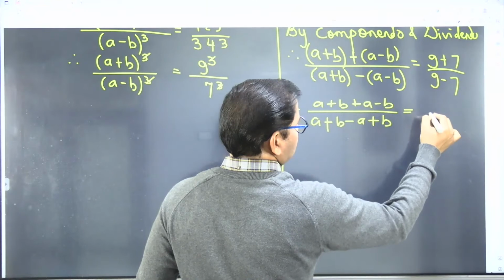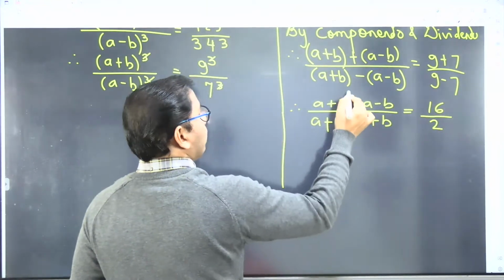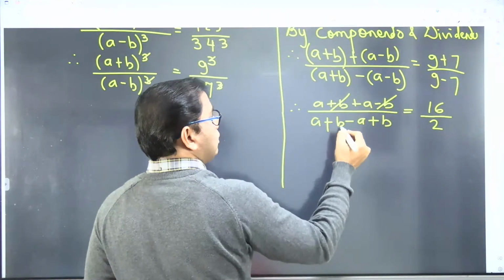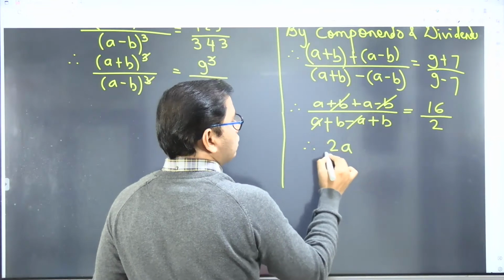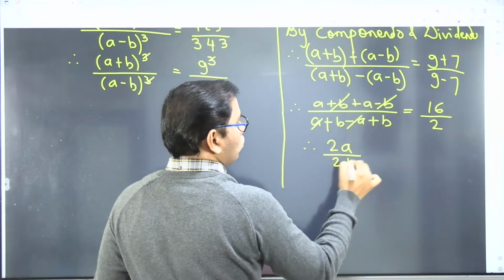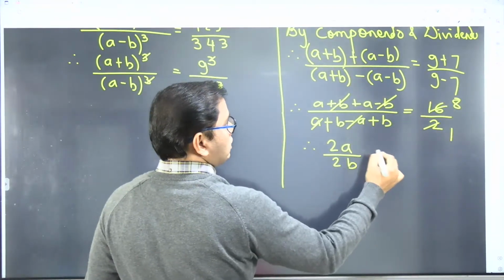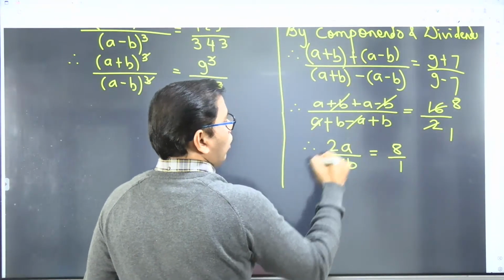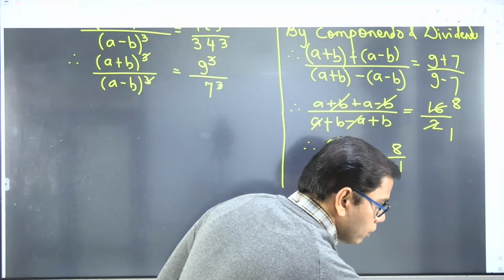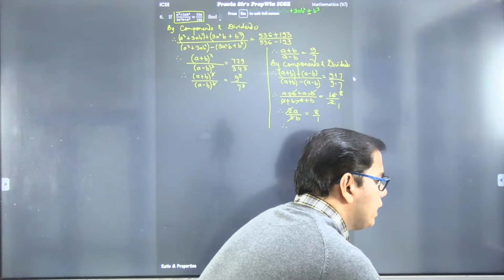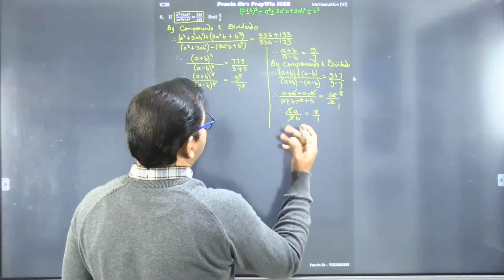Is it 16? And 9 minus 7 is 2. Plus b minus b get cancelled, plus a minus a get cancelled. So this is a plus a is 2a, and b plus b is 2b, is equal to 2 into 1 is 1, and 2 into 8 is 16. 8 by 1. Okay, 2 get cancelled. Do I need to find out a by b or a is to b? I need to find out a by b. So my answer, a by b.